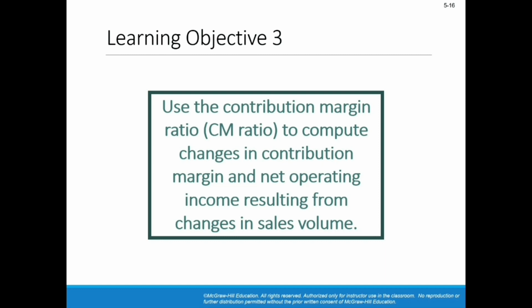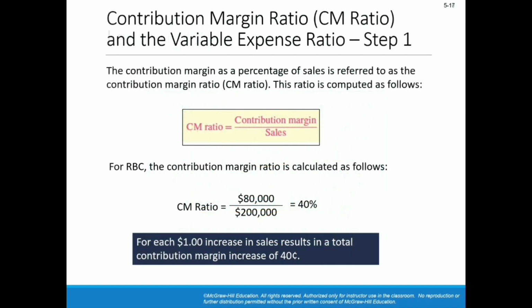Now we're gonna use the contribution margin ratio, and we will learn what a contribution margin ratio is, to compute the changes in contribution margin and net operating income resulting from changes in sales volume. So if the quantity being sold changes, what happens to my contribution margin and my net operating income?